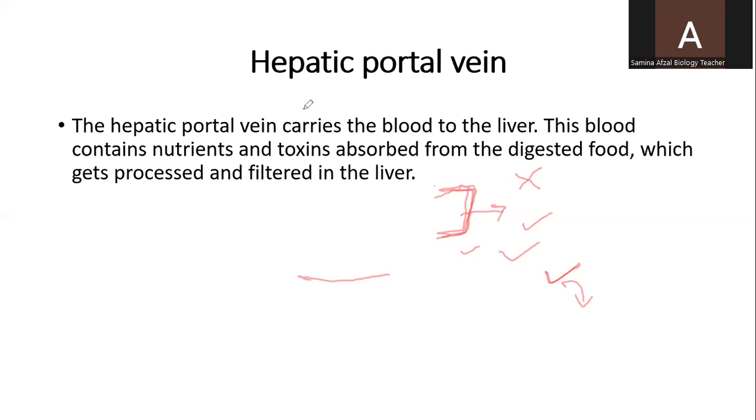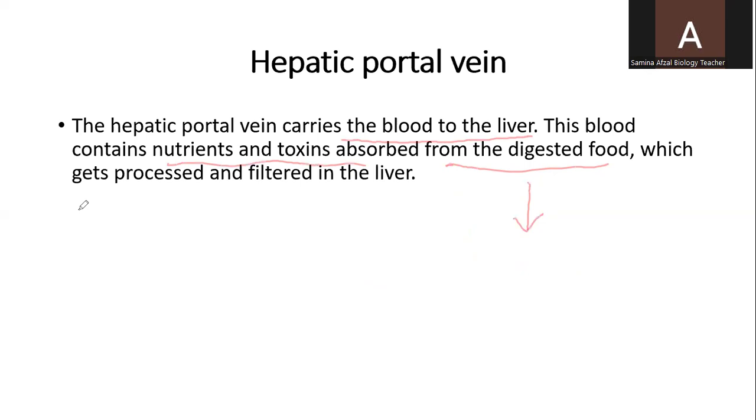Next is the hepatic portal vein. The hepatic portal vein is the vein which carries blood to the liver, and it also contains the absorbed nutrients and toxins from the digested food. Food is digested, it is absorbed through the villus, then it is sent towards the liver.